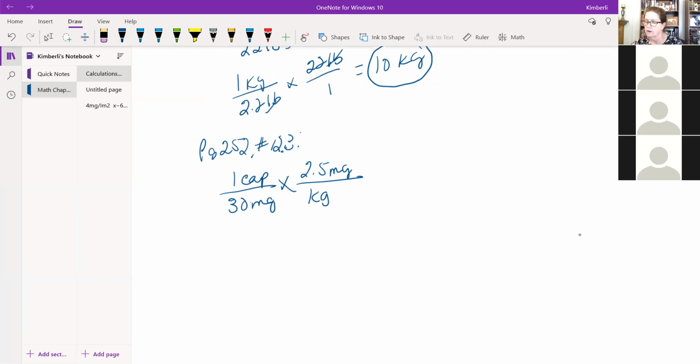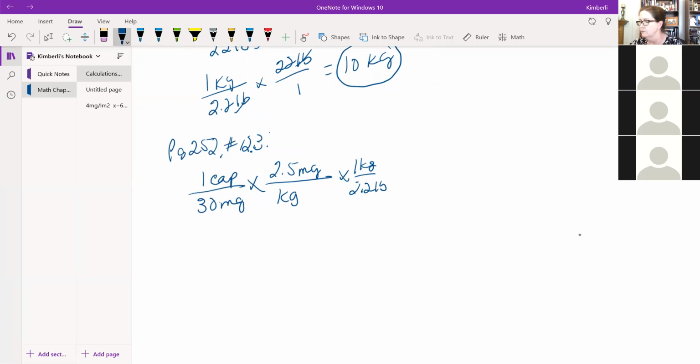So I'm going to leave that off. And 1 kilogram is 2.2 pounds. So right here, we're already converting their weight into kilograms right within the problem. And the patient weighs 53 pounds. And I'm just going to put that over 1.